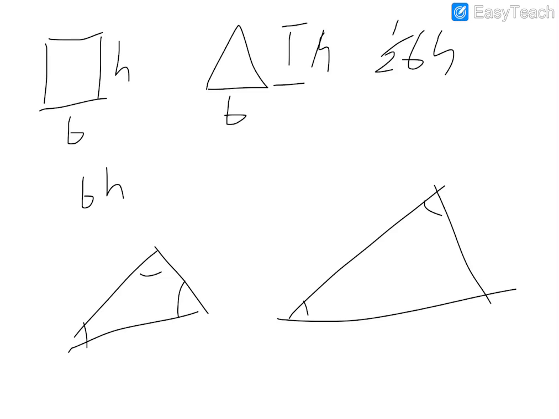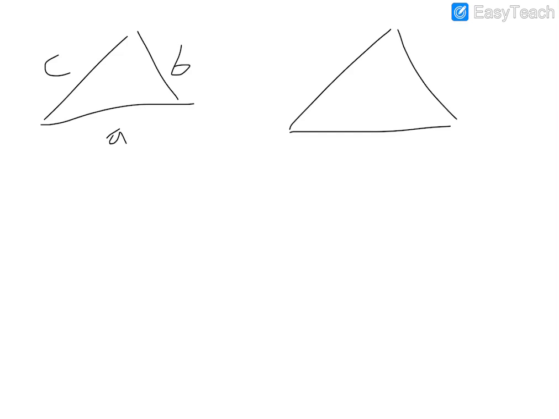Let's say that you have a triangle ABC, and then a similar triangle, and you know it's similar, with sides KA, KB, and KC, where K is some constant.